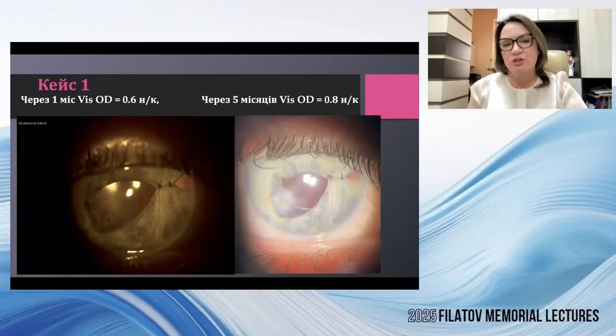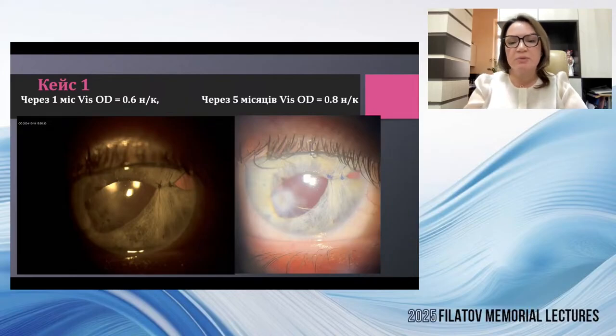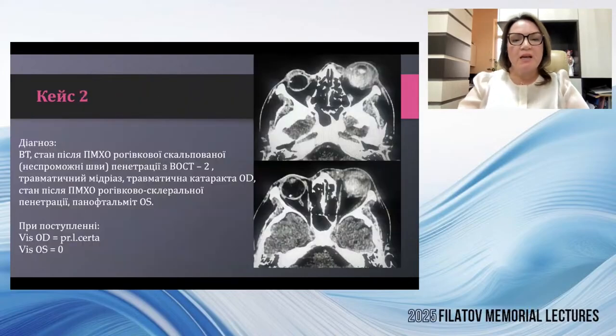Within 1 month, our patient demonstrated 0.6 visual acuity, and within 5 months, the photo is on the right, his visual acuity was 8 bands. As you can see, on the cornea, on the opening side, a stable cataract is forming.